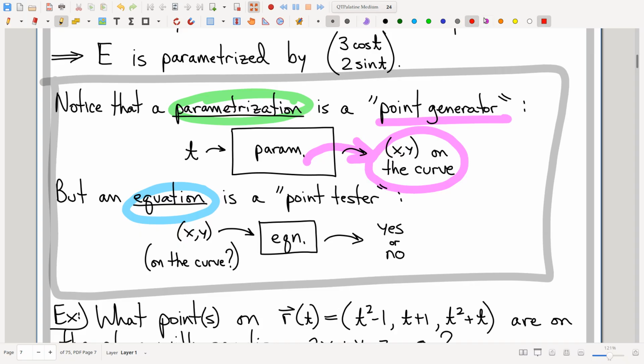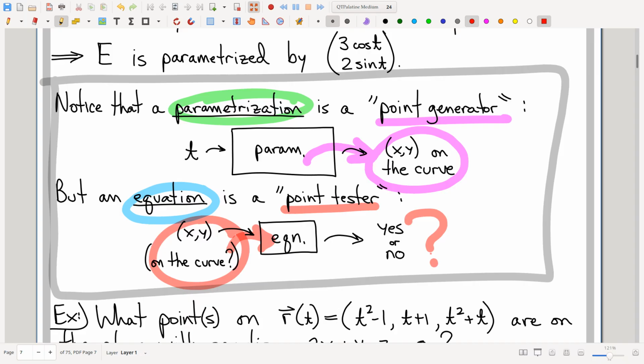Equations test points, right? You give me a point, you say it's on the curve, okay, well, the equation better work. If you give me a point and the equation doesn't work, well, that's not a point on the curve. So whatever point you give me, we can test by plugging in and seeing if the equation works.